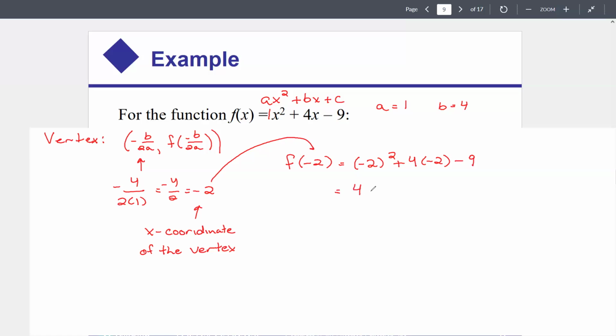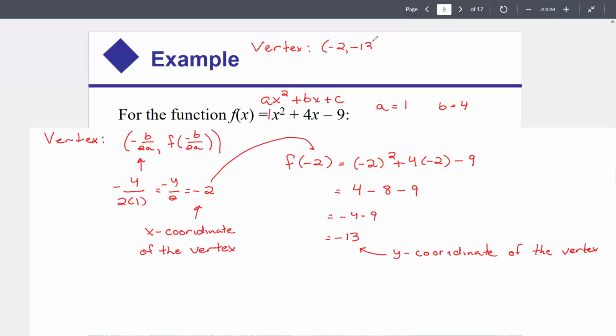So we should have 4 minus 8 minus 9. Let me see, minus 4 minus 9, negative 13. Because I plugged x in to get my y, that's the y-coordinate. So we know now that the vertex is at the point negative 2, negative 13.